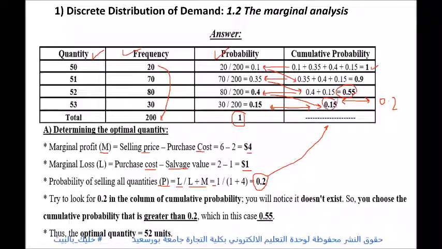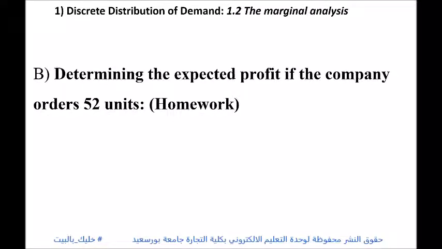The largest one will be 0.55. So the optimal quantity will be 52. As you can see, 52 is the right answer. The next requirement, number B, determine the expected value if the company orders 52 units.